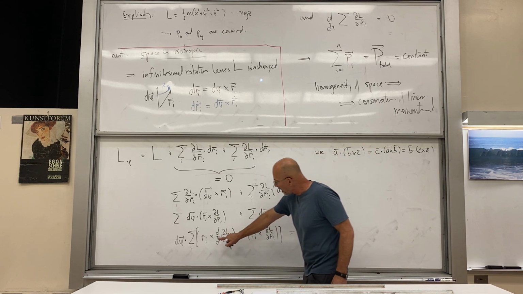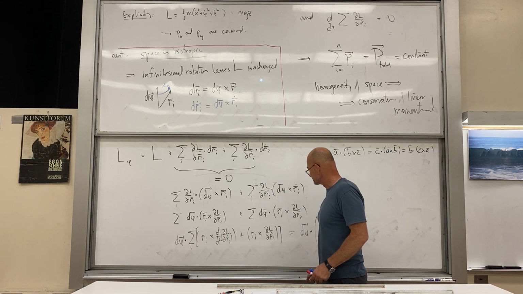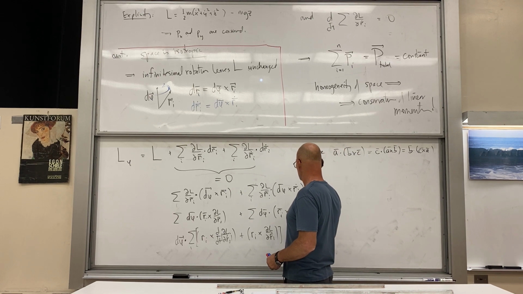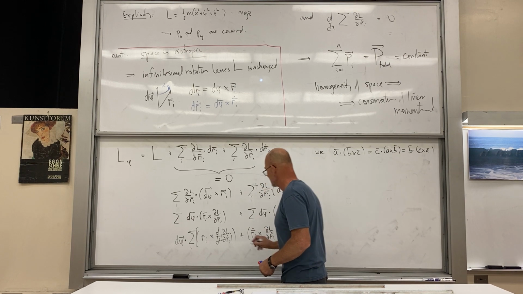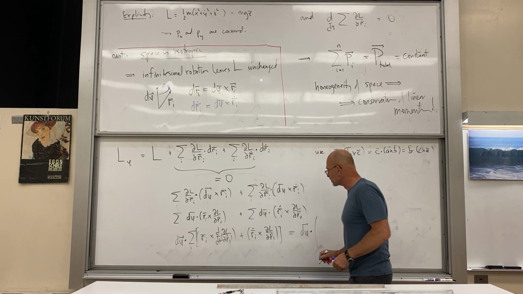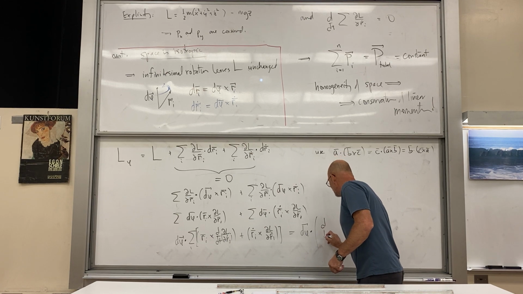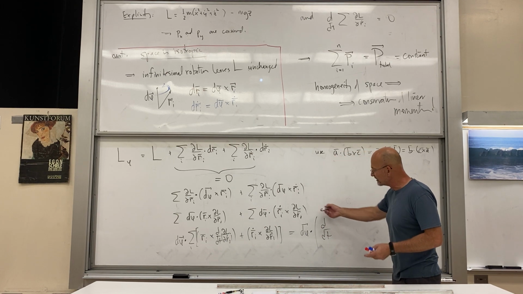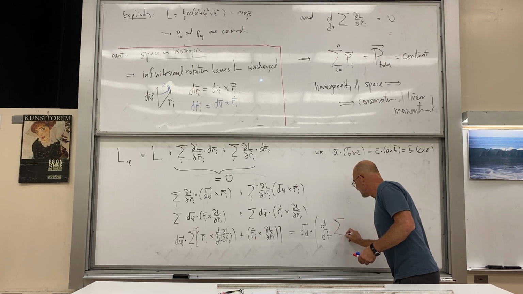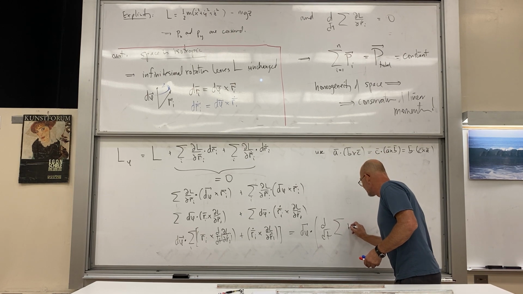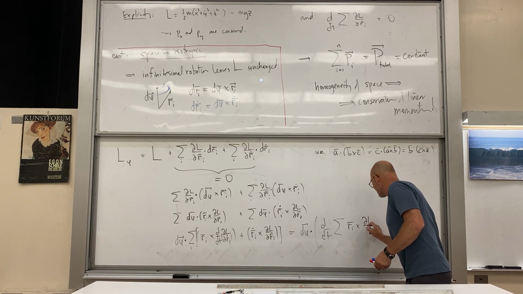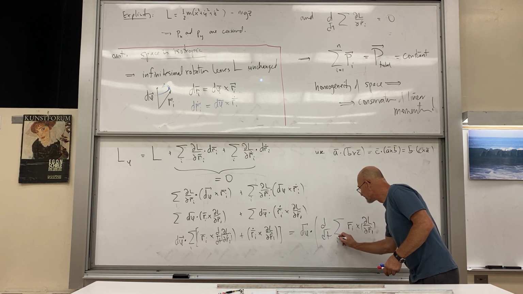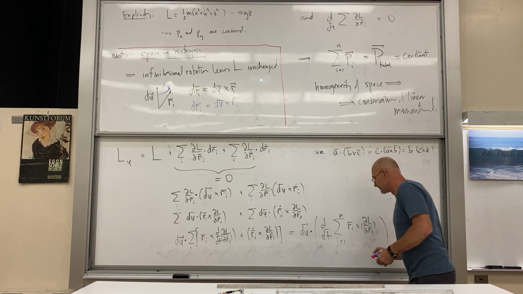Now this is a product rule. Missed the dot here. Dot and dot and vector. This is a product rule. I'm actually doing two steps in one. Let's write out what the product rule is. r_i cross dL/dr_i dot, i equals 1 to n.